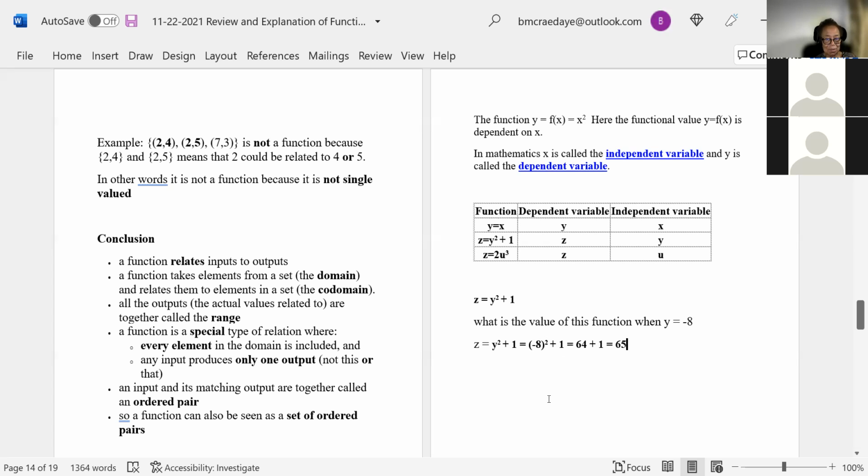Okay. What if Y is 0? Audrey, what if y is 0? What is z? Mental math. What's the value of z when y is 0?